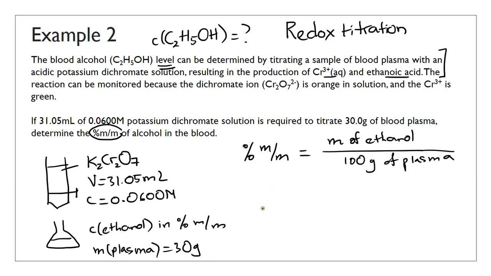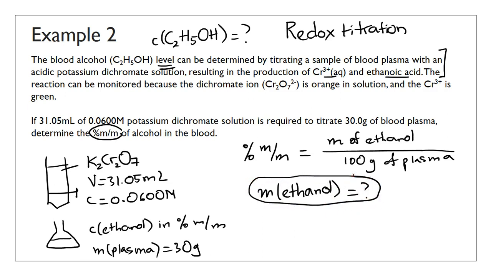So if I can determine the mass of ethanol, I can determine the percentage mass by mass concentration. So what I need to do is find the mass of ethanol in this plasma sample. That's the intermediate unknown, if you will.